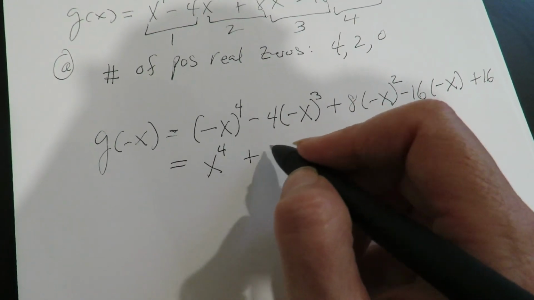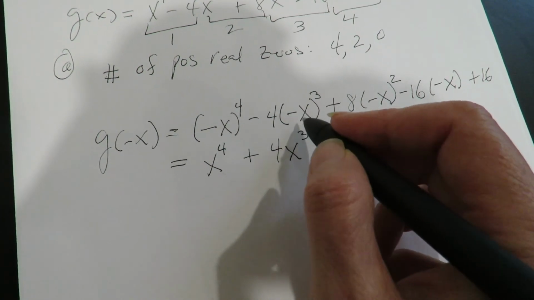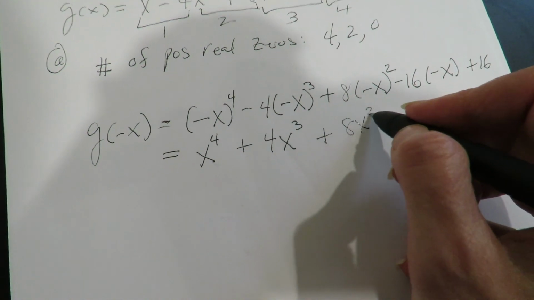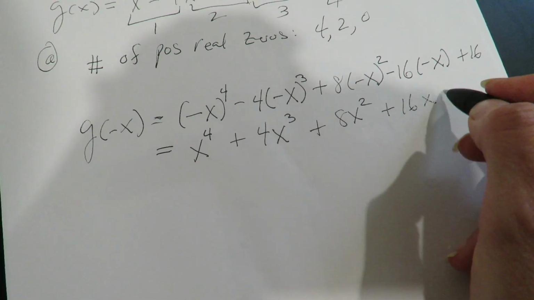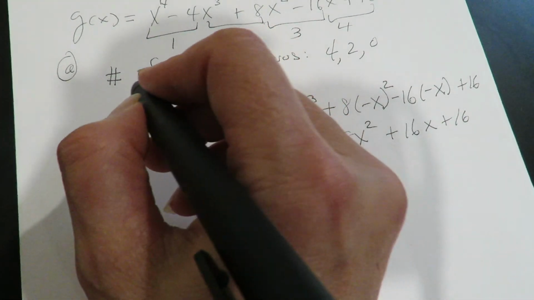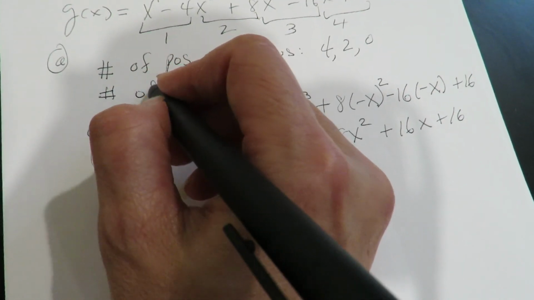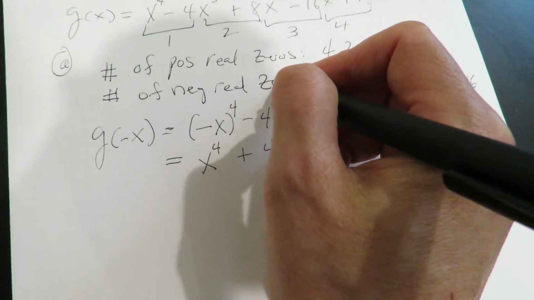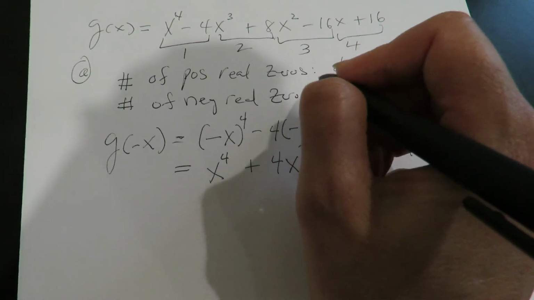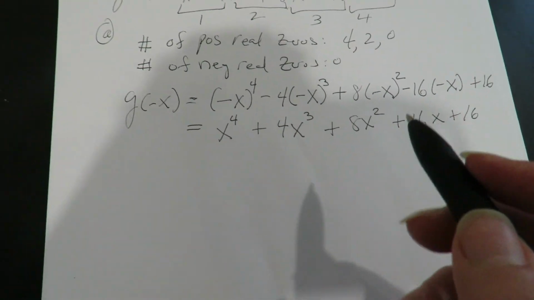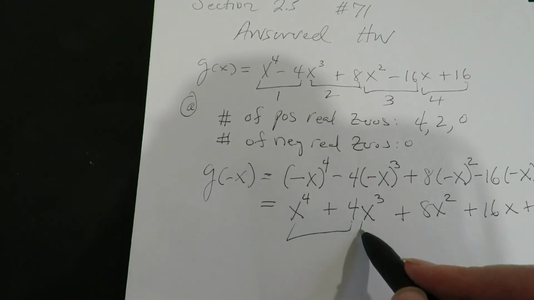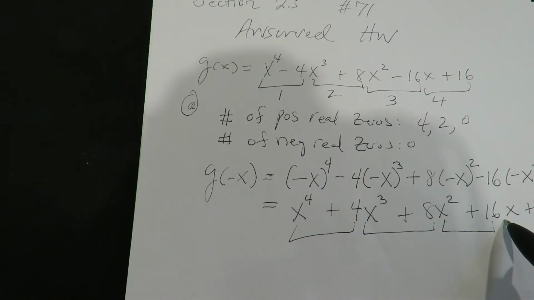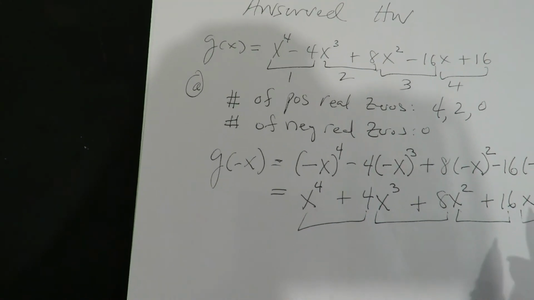If it's to an odd power, the sign changes. Nice. Okay. The number of negative real zeros is none. There's no sign change, right? Positive to positive, positive to positive, positive to positive, positive to positive is none.